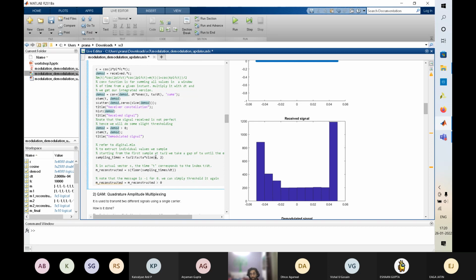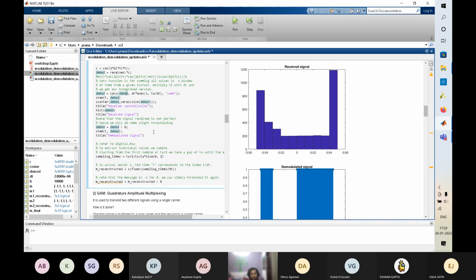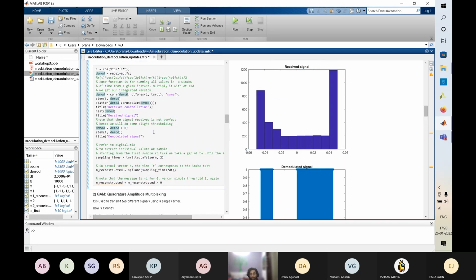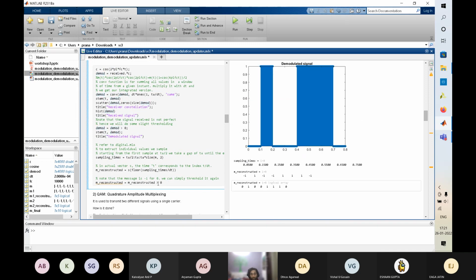The other thing that we can add is the parity bits part or the CRC part. After reconstructing the m, we check if the CRC is correct. If it is correct, then we can decide that the signal has been transmitted in the right manner.